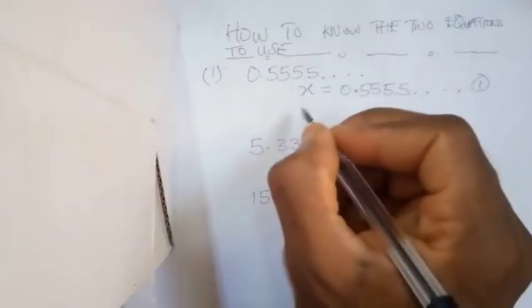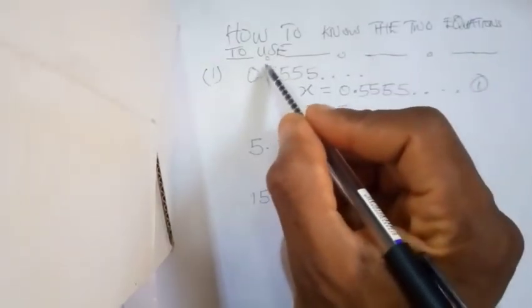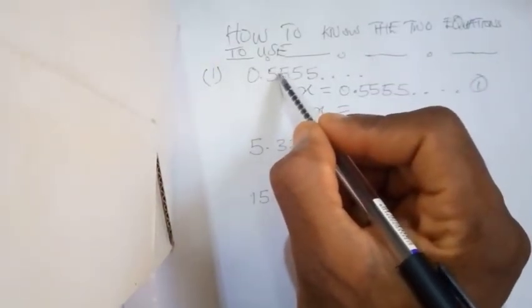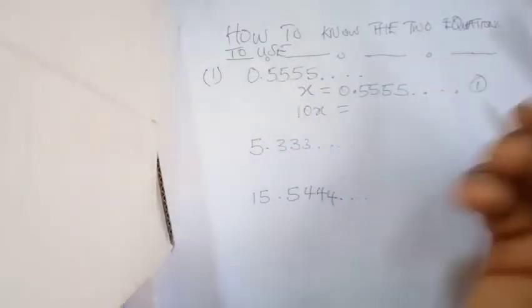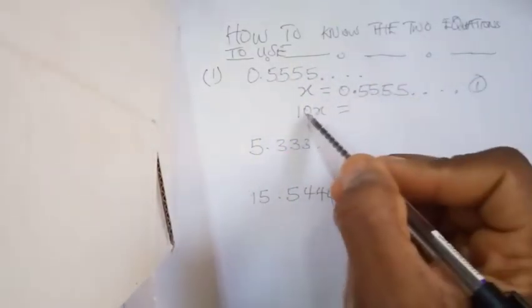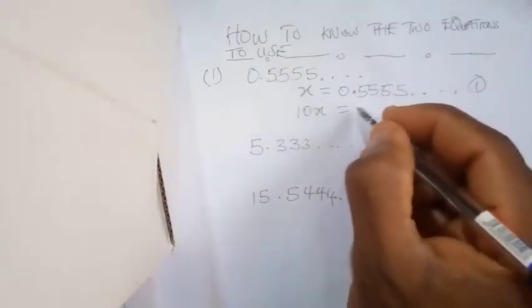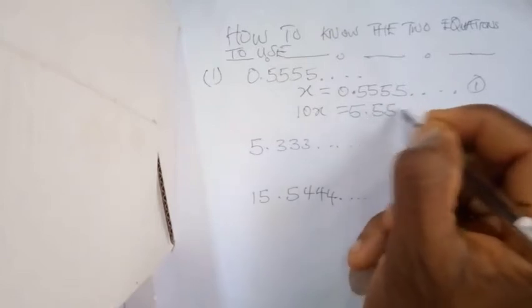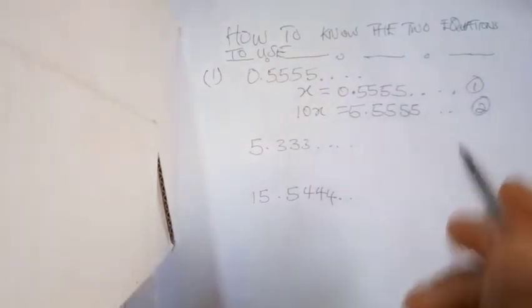So 10x equals 5.5555. That's equation 2.